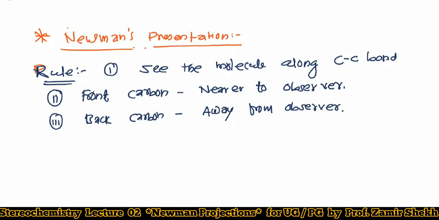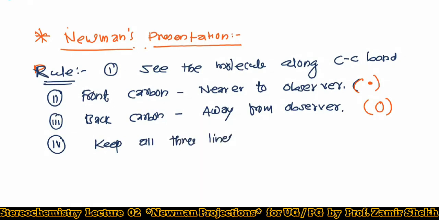And generally, the front carbon is denoted by a dot, and the back carbon is denoted by a circle. Each and every line should maintain an angle of 120, so keep all three bonds at 120 angle of separation to each other.